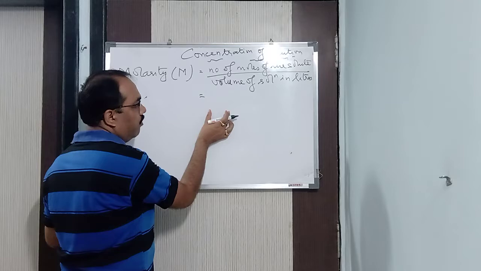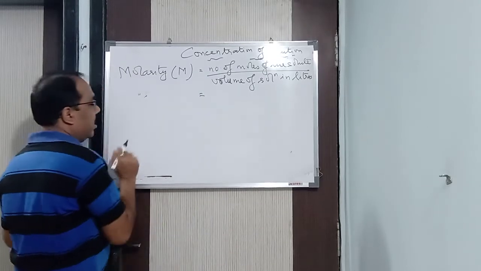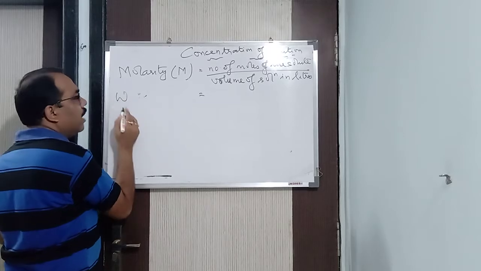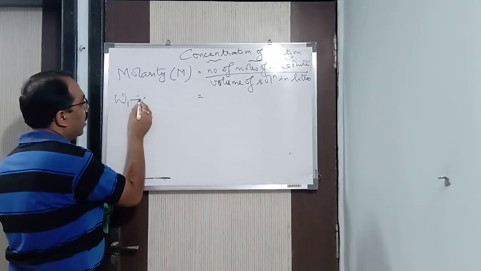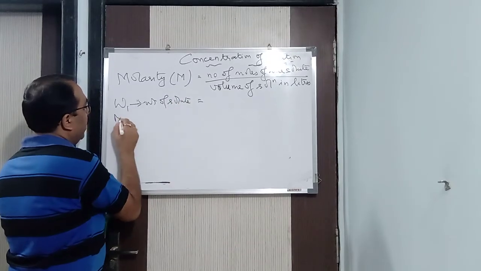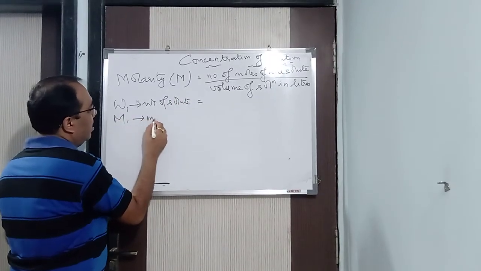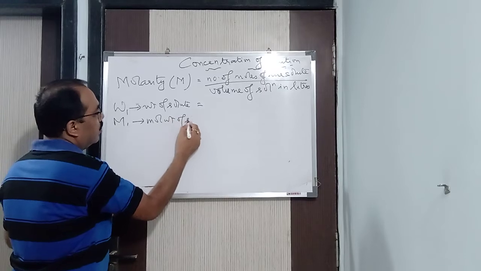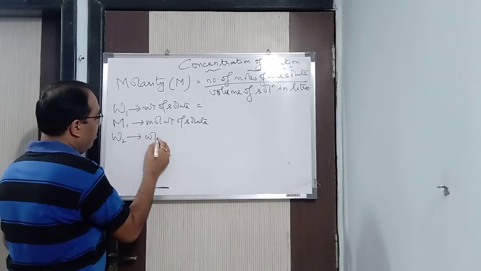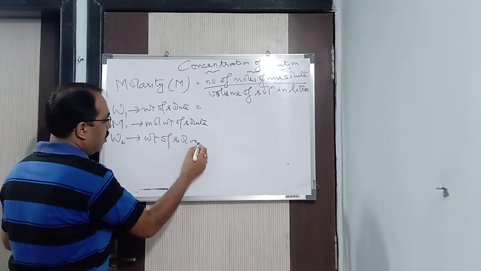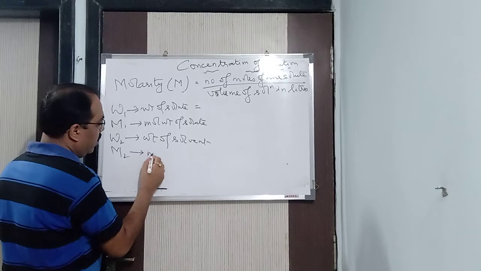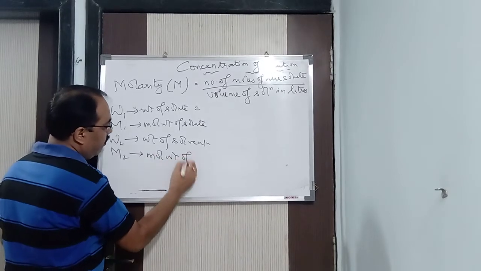Weight by molecular weight. So generally, listen carefully here. I am writing it out. This one you write down in your notebook. Here I will be using W1 as weight of solute, M1 as molecular weight of solute, W2 as weight of solvent, similarly capital M2 is molecular weight of solvent.